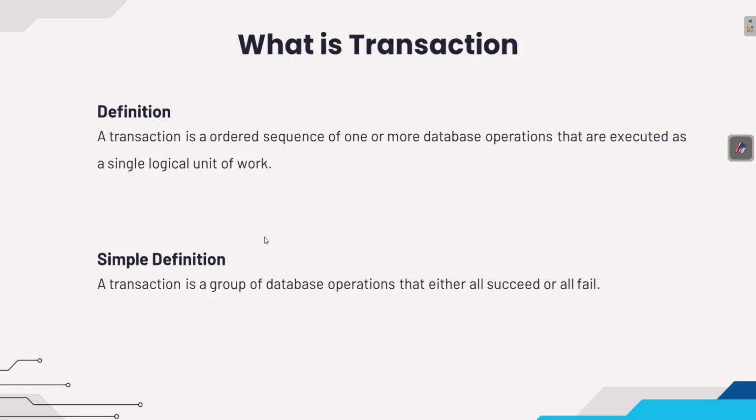What is a transaction? A transaction is an ordered sequence of one or more database operations that are executed as a single logical unit of work. The simple statement is: a transaction is a group of database operations that either all succeed or all fail.